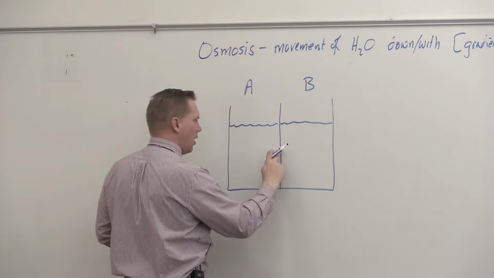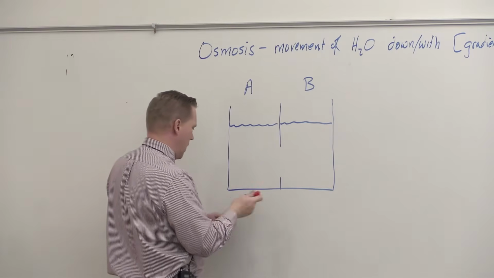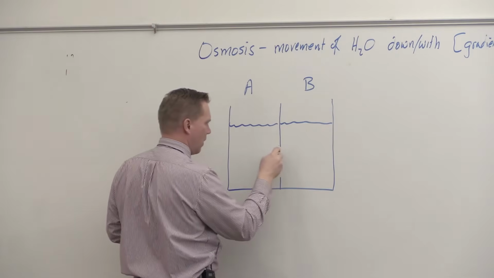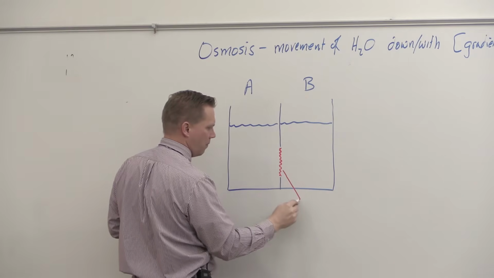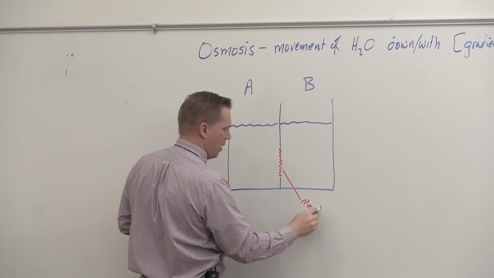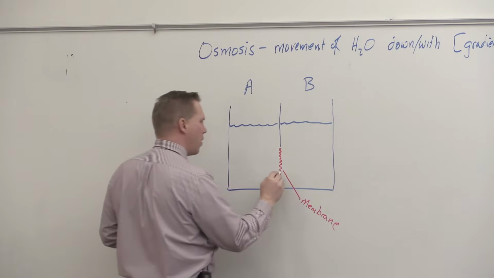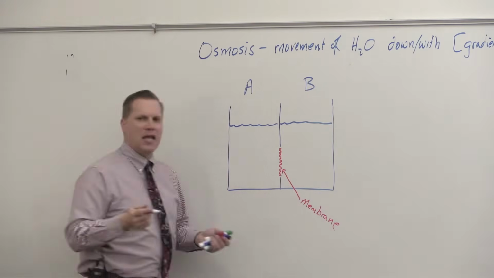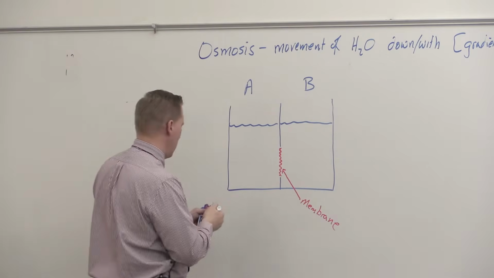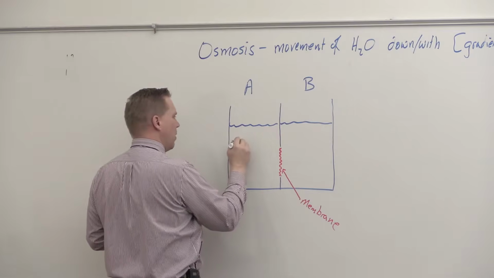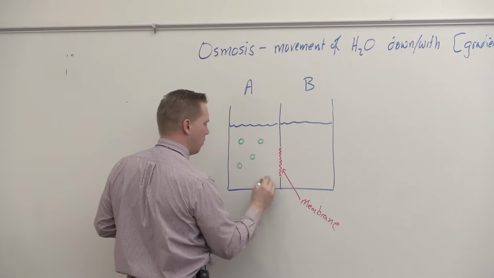And then we are going to put a membrane in the middle here. So this is our membrane. And it's going to be permeable to water, but impermeable to whatever solute we put in these chambers. And so now let's add a solute, and I'm going to add some solute.